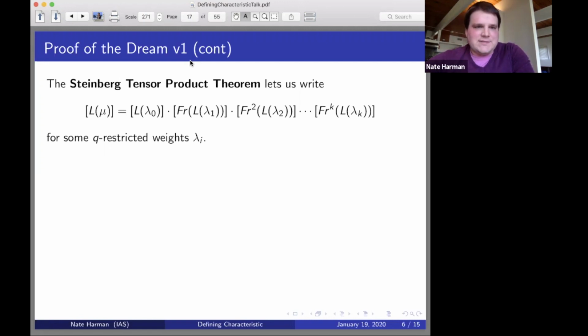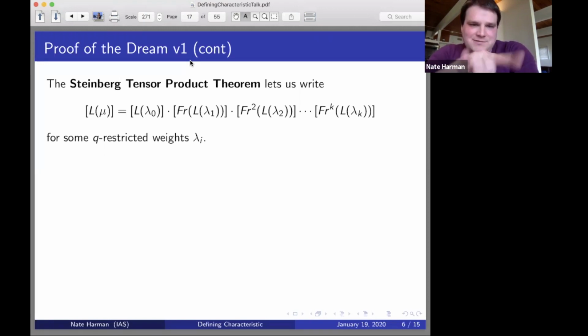This is one of the foundational theorems about representations of algebraic groups in positive characteristic. And if you're worried about whether it's q or the underlying prime p, it's true either way.